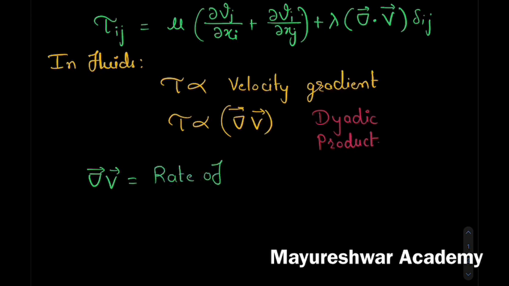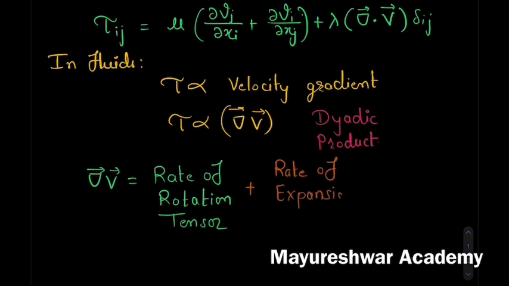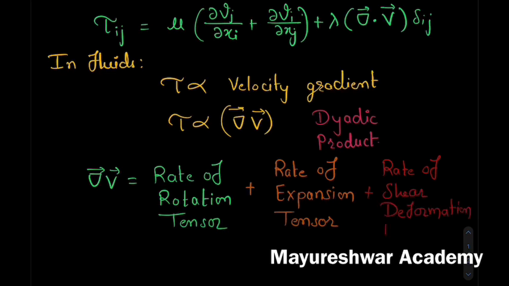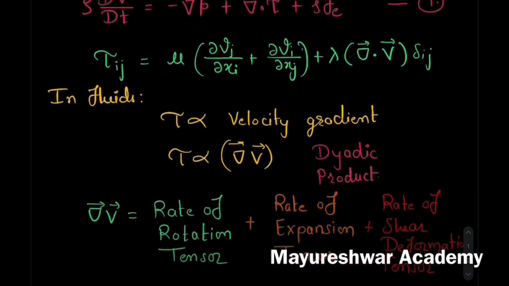First is the rate of rotation tensor, plus the rate of expansion tensor, plus the rate of shear deformation tensor. So these are contributions to shearing stress terms indirectly.